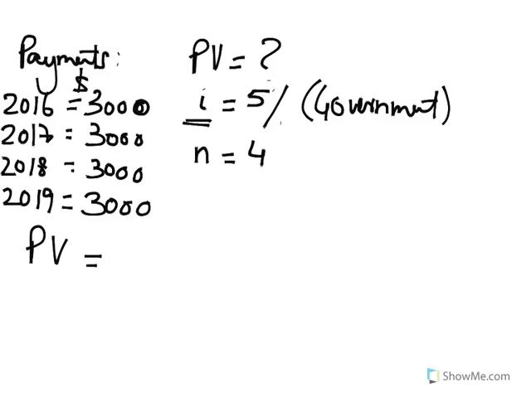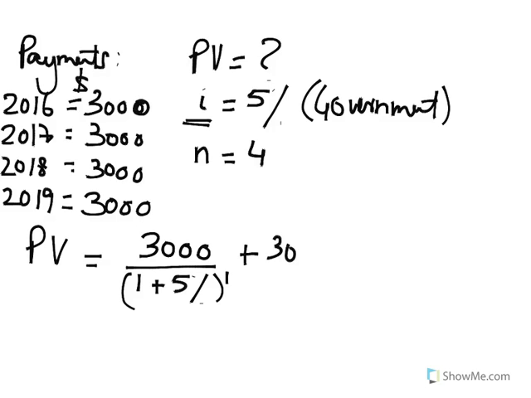Now, let's line them up horizontally. The first $3,000 is going to be in year one. Using our simple present value formula, the present value of this $3,000 is going to be 3,000 divided by 1 plus the I, which is 5%, to the power of 1. Our second $3,000 is going to be in year 2.